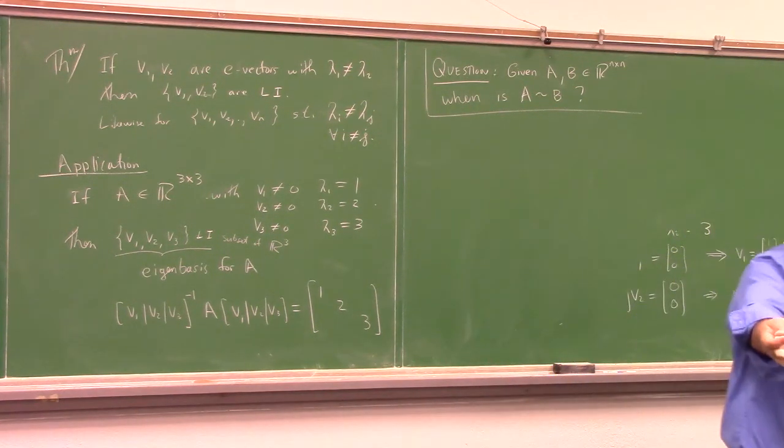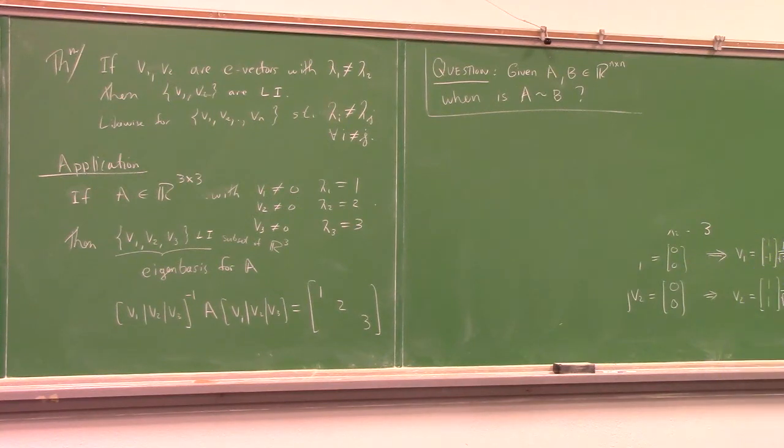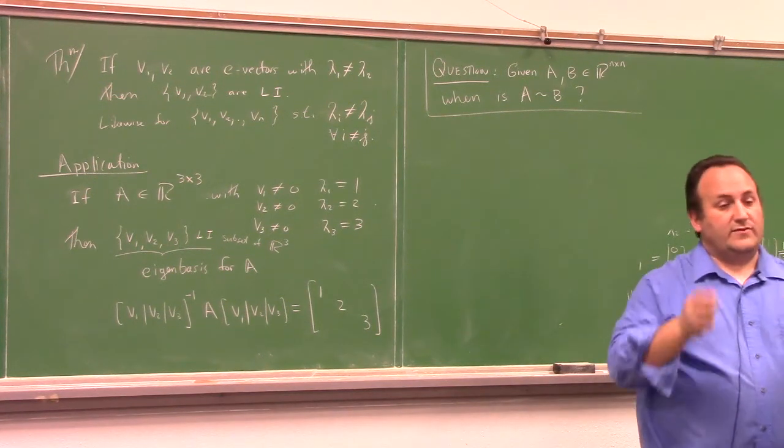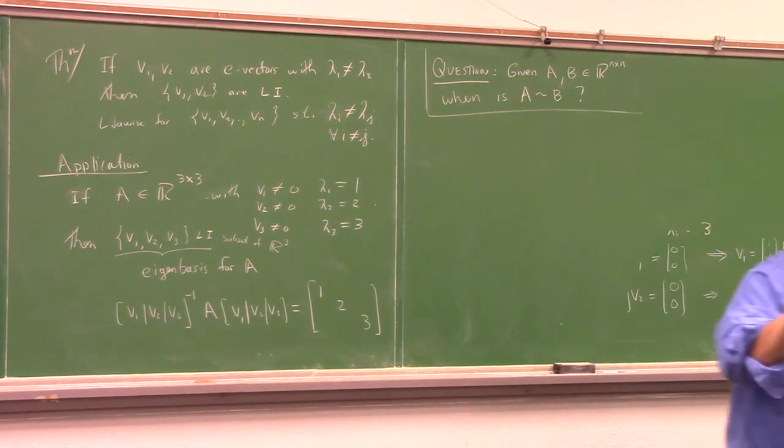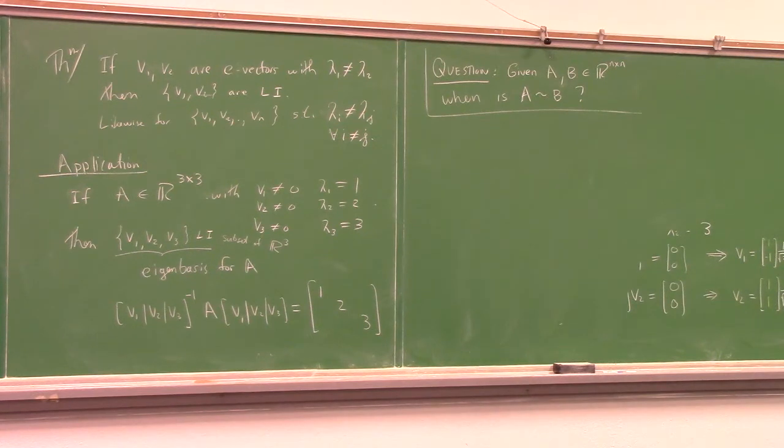Well, the definition is that there exists a P, an invertible n by n matrix P, such that B is P inverse AP, right? But given two matrices, when is that possible? When is it possible to find a P to show that they're similar? When is it not possible?